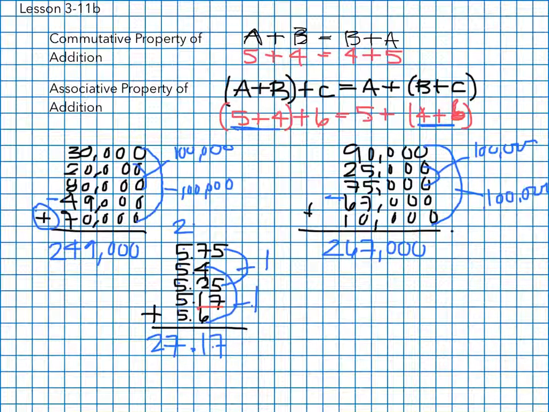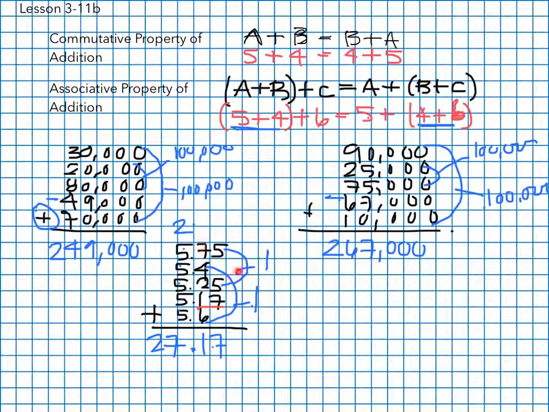Now, ladies and gentlemen, the secret to this process is about making 10. How can I make 10 for my brain? Now, I made 10, and I just remember it's 100,000, because 30 plus 70 is going to be 100, and now we have 100,000. 20 plus 80, 100. 90, 10, 100. 75, 25, 100. 4 and 6 is 1.